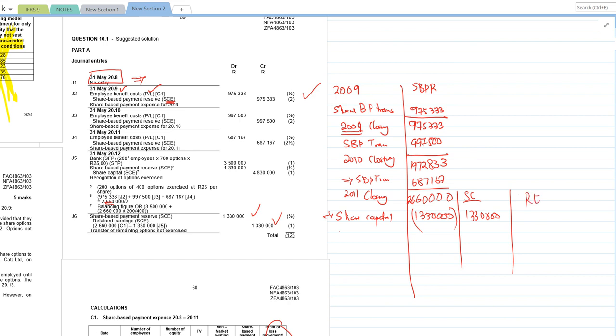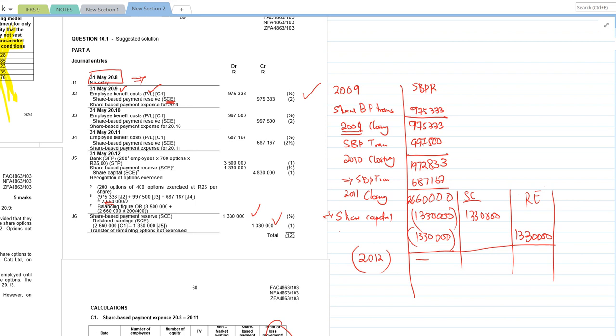Retained earnings, which also shows that there's another 1,330,123 in retained earnings, right? Because there was a transfer from share-based payment, and it's a transfer. It means at the end of the year 2012, we don't have share-based payment, but the other 1,330,123 is sitting where? In the retained earnings. I hope this makes sense.